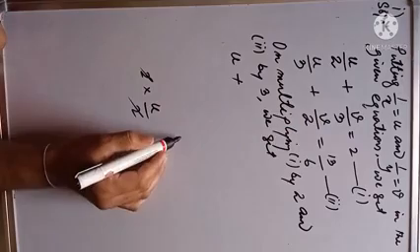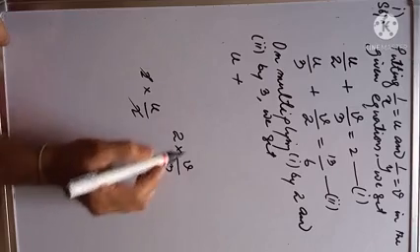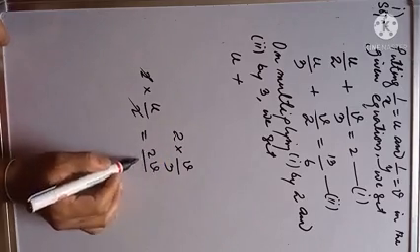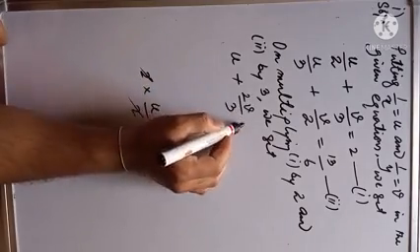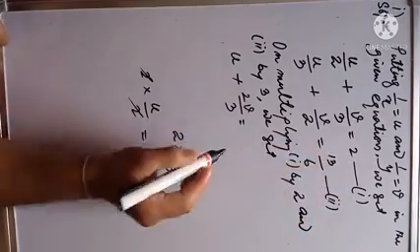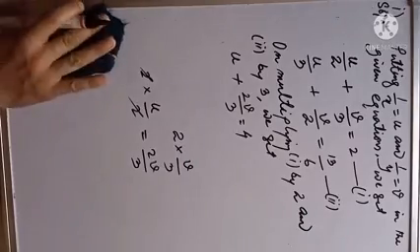If we multiply v by 3 by 2, we get 2v divided by 3, and if you multiply the right side 2 by 2, we get 4.